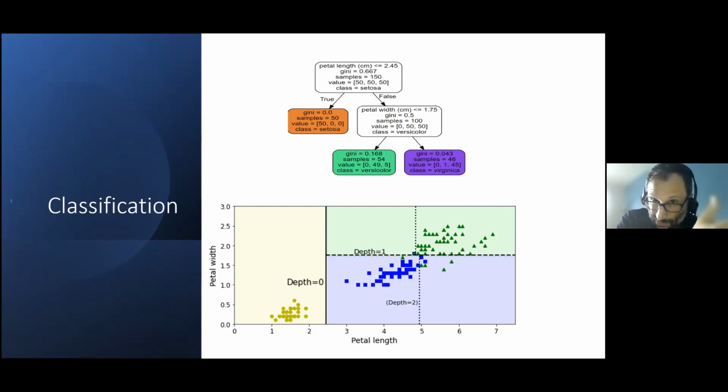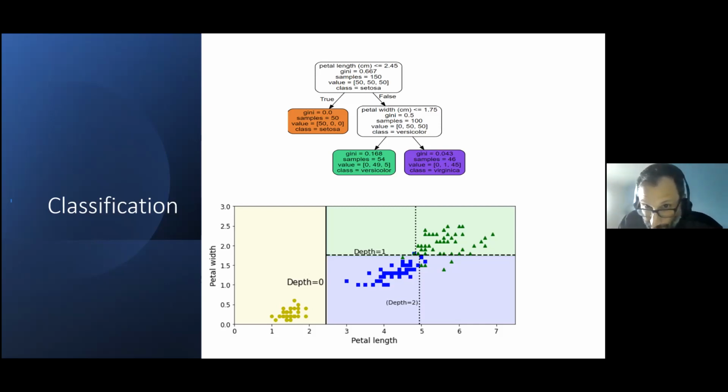That's setosa. But if it's greater than 2.45, I need to look at petal width. If that's less than 1.75 centimeters, then it's likely versicolor. And if it's greater, then it's most likely virginica.